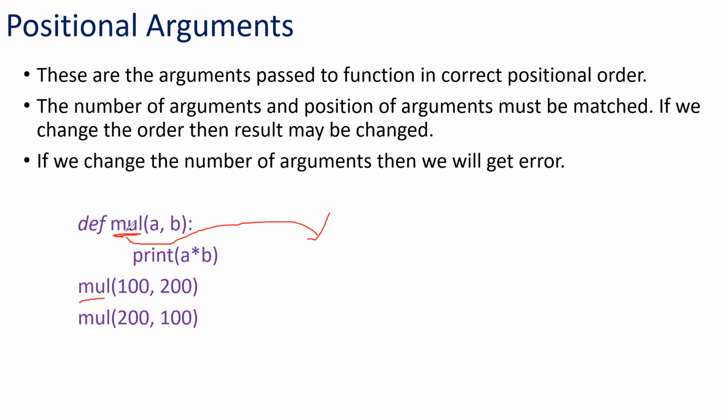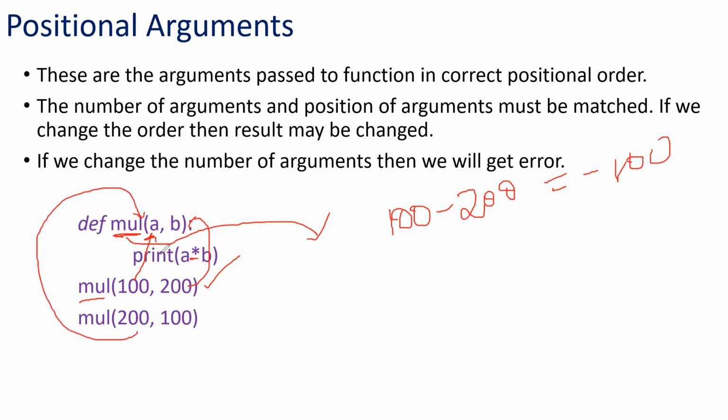I said mul, so Python searches for mul, and this value goes to a and this value goes to b. I said a minus b, meaning 100 minus 20. What is the value? 80. This is for the first one. And the second value: 20 and 100, again a minus b, 20 minus 100, which is minus 80. These are the values.